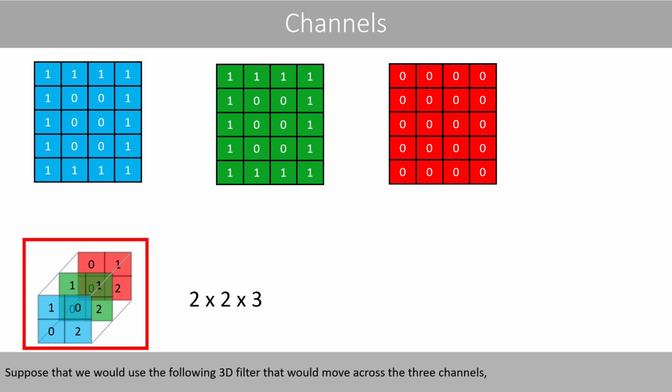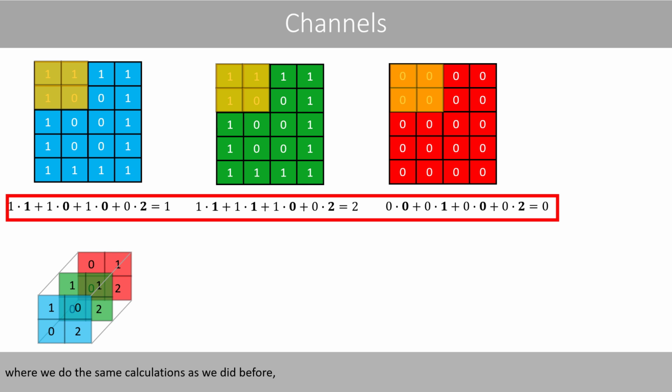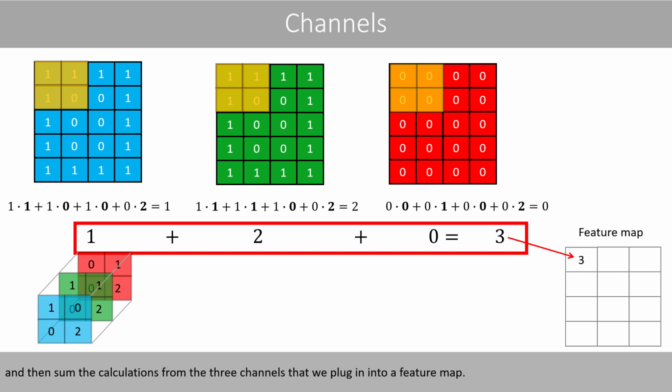Suppose that we would use the following 3-dimensional filter that would move across the 3 channels, like this, where we do the same calculations as we did before, and then sum the calculations from the 3 channels that we plug into a feature map.